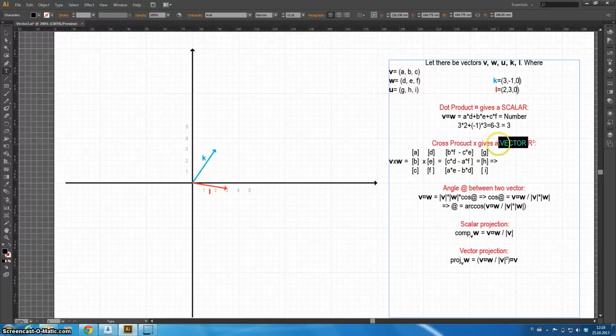It gives us a vector which begins at their crossing point, and then the length of the vector and the direction.